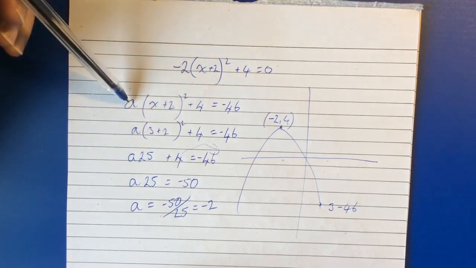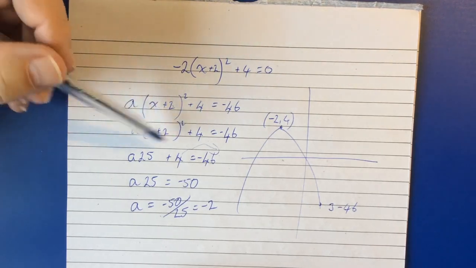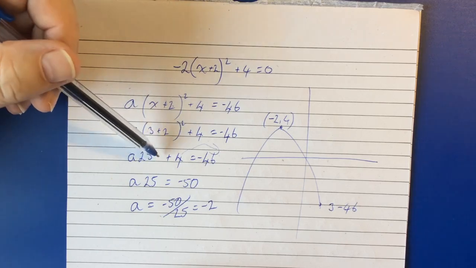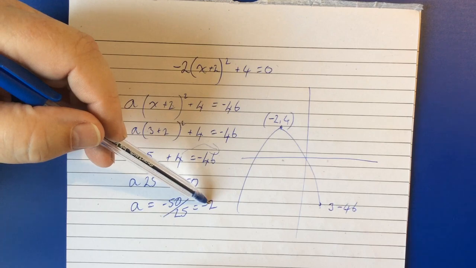Quite often a is just 1, and so you don't see it appear in these equations. But this thing does in fact have a dilation factor that is something other than 1, and it turns out to be -2.